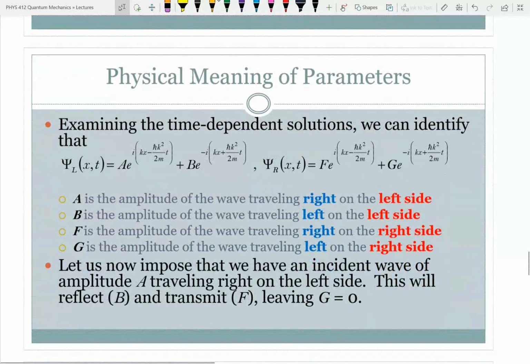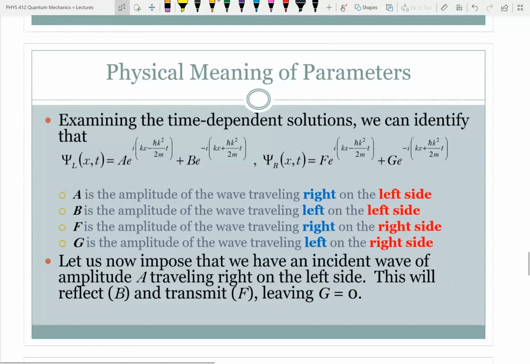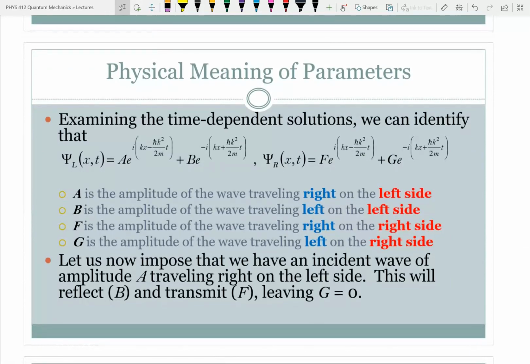We really can't do anything with that. But we can recognize that this is just the position portion of a traveling wave. If we were to put the time portion in, we would have this here. Those are opposite signs. What does it mean if we have opposite signs in the exponent? To the right, it's going to the right, yes.